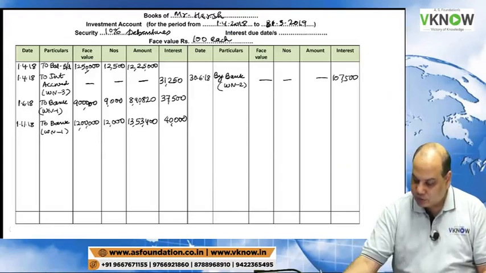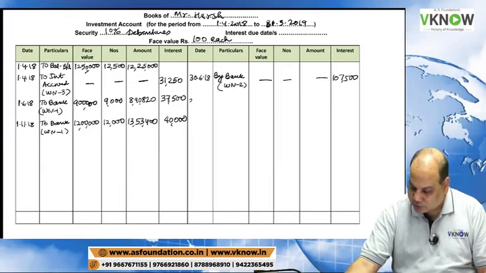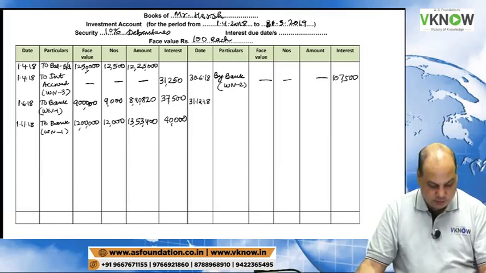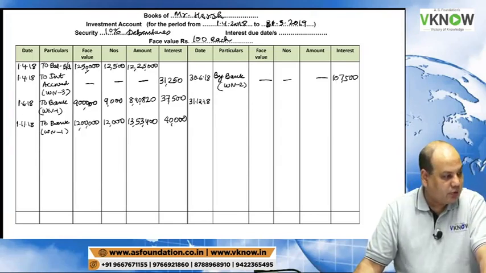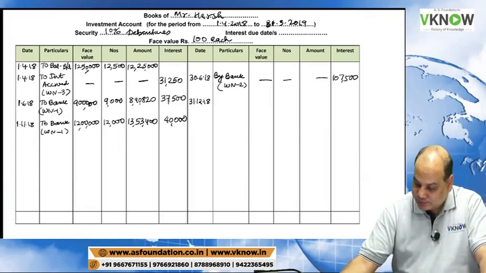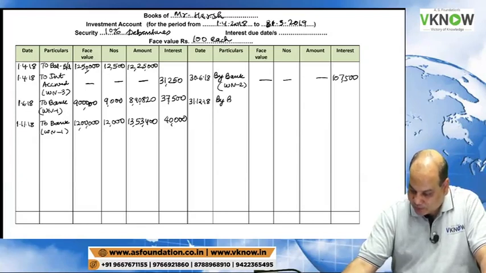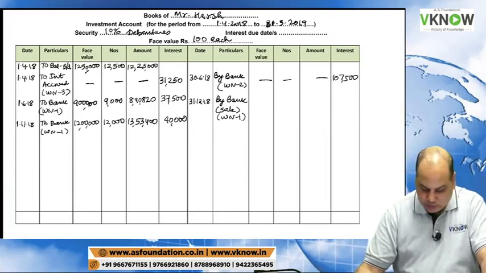1,07,500. Then there was a sale transaction on 31st December 18. So you will write by bank, sale, working note 1.